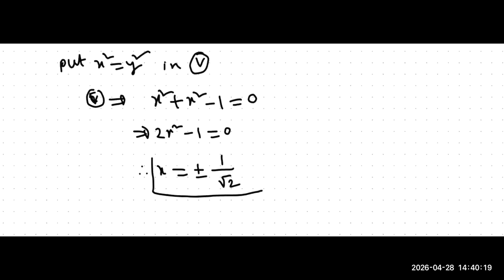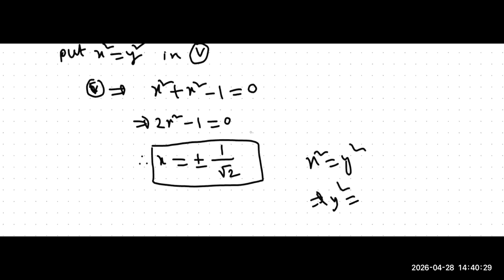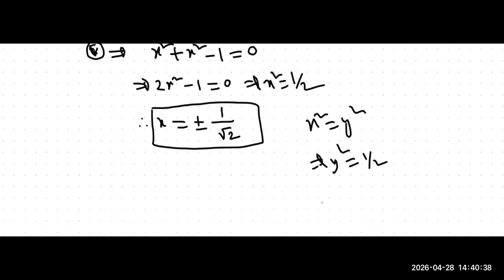We have to generate the y values along with this, since x square is equal to y square. So y square is equal to x square. In this case, the x square value is half. So y square is equal to half. y is also the same value, plus minus 1 divided by root 2.